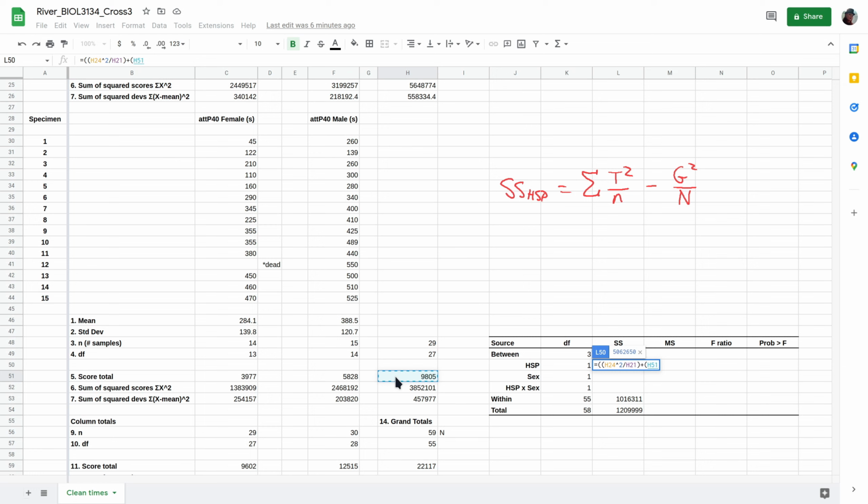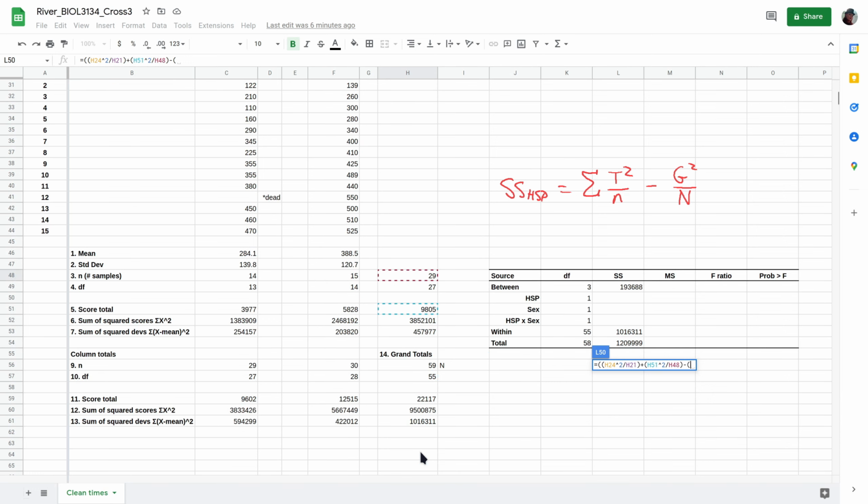Our score total is here, and we'll square that, and then divide that by the n for this row. And then we subtract that G squared over N value, which is the grand total score squared divided by the big N. We can close all that off, and there we go.